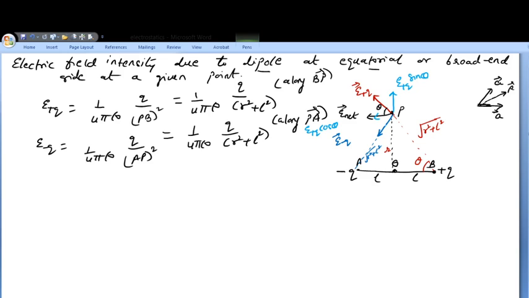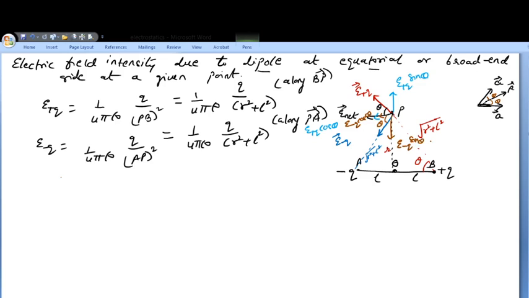Now if I resolve this blue component E minus Q, see what I will get. This angle is theta, and this angle is also going to be theta, as I told you that this angle equally divides. So this part is going to be E minus Q cos theta, and the lower part on resolving will be E minus Q sin theta.